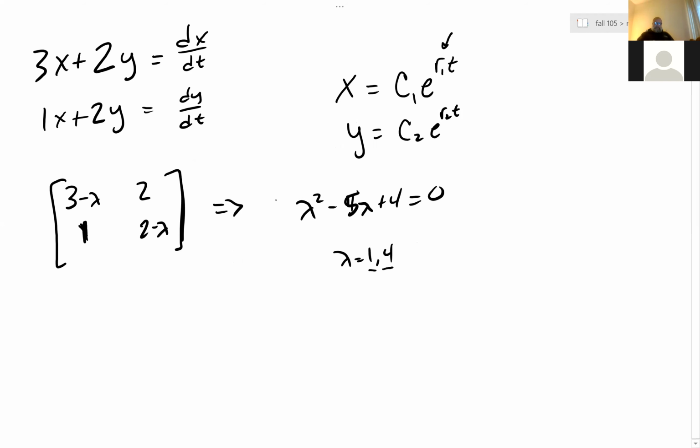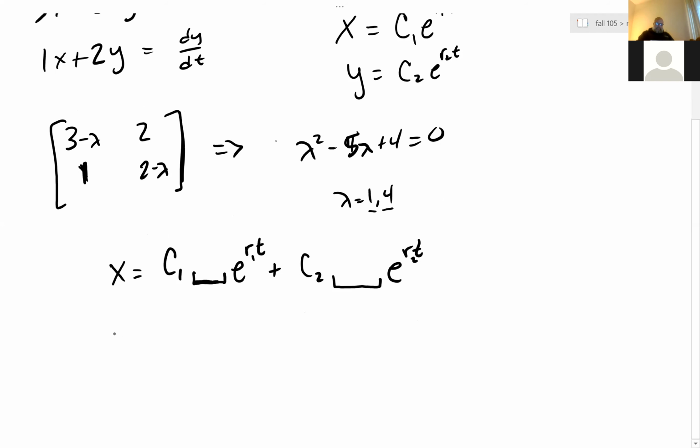And what we'll find is that x will be equal to a linear combination of these. It'll be C1, I'm going to leave a blank spot right here, e to the r1t plus C2, I'm going to leave a blank spot, e to the r2t.